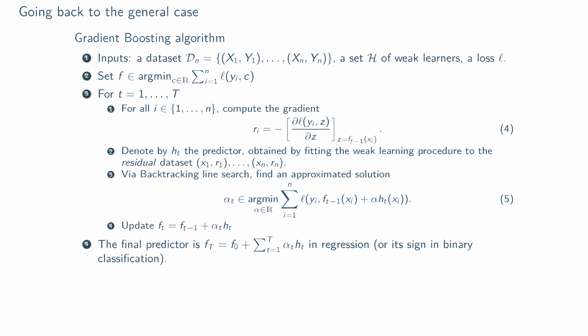Finally, we will also add the additional parameter nu. At each iteration, instead of updating the aggregated predictor ft via the formula ft equals ft-1 plus alpha t ht, we will update it via the formula ft equals ft-1 plus nu alpha t ht. The parameter nu is set between 0 and 1 and allows us to regularize the boosting procedure.